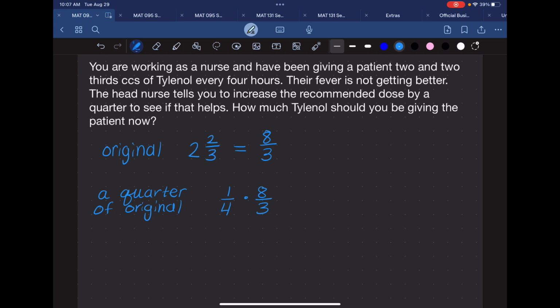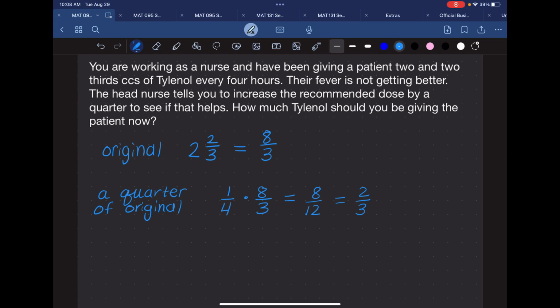Keep in mind, this is also equivalent to taking 8/3 and dividing it by 4, because we're just multiplying by the reciprocal, which is 1/4. That gives us 8/12, which is the same as 2/3.